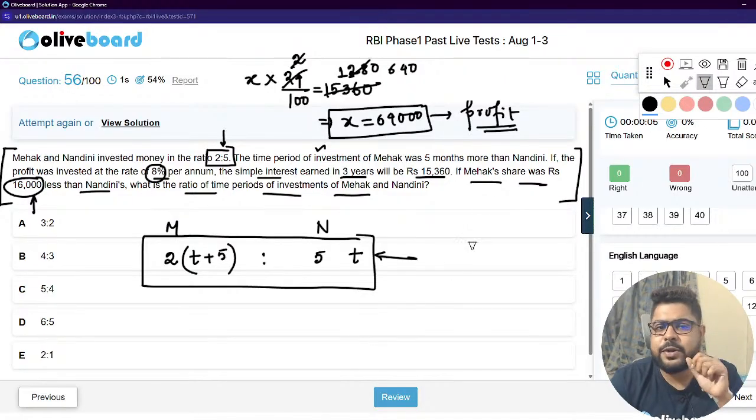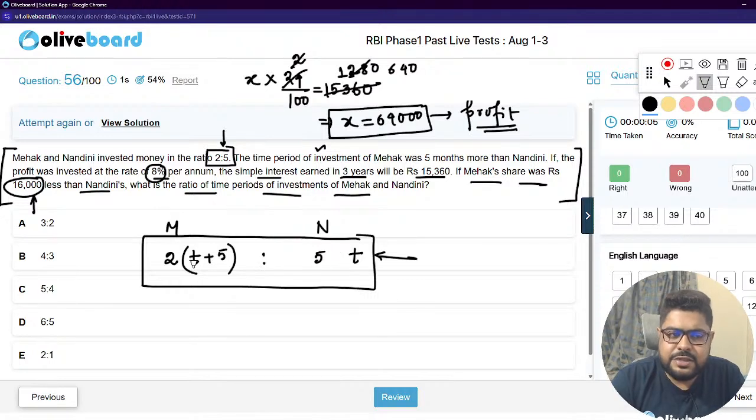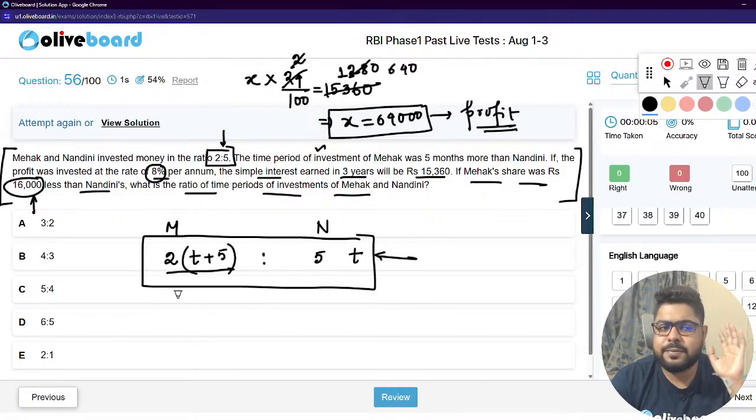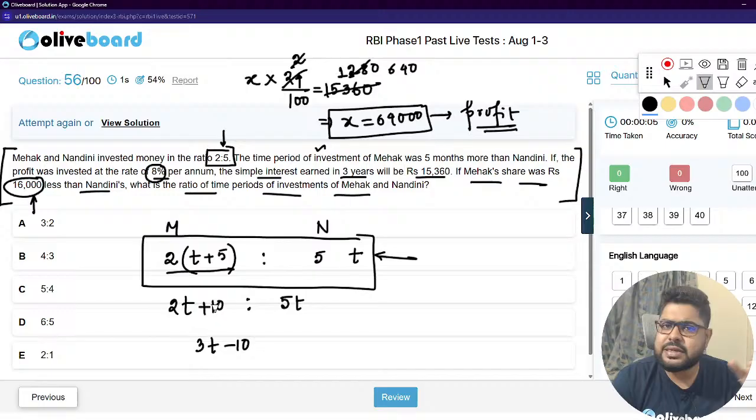The difference between these two shares is 16,000. So the difference will be, this is 5t, and this is 2t plus 10. The difference will be 3t minus 10, just this minus this, out of the total 7t plus 10.